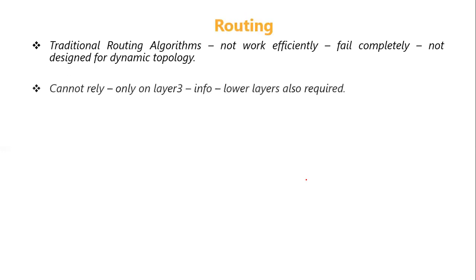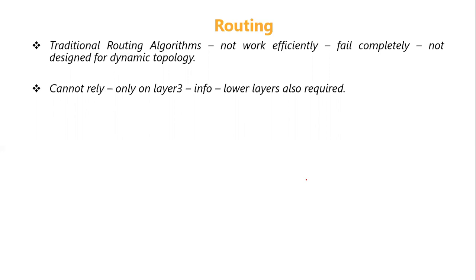Some other reasons are that traditional routing algorithms used in wired networks will not work efficiently with wireless ad hoc networks, or may fail completely, and they are not designed for dynamic topology.